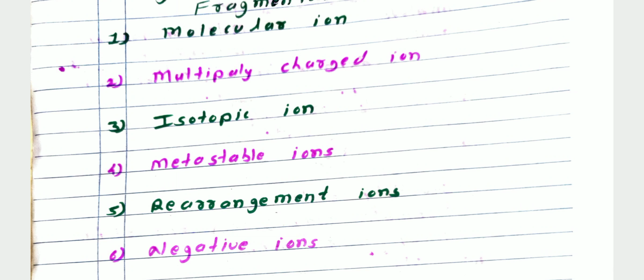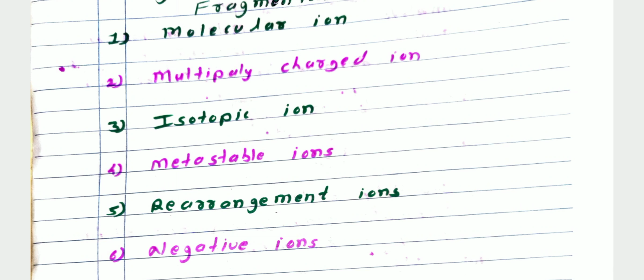In rearrangement ions, a hydrogen or methyl group is transferred. They are most common in mass spectroscopy. An example of a rearrangement ion, which we will study in a further lecture, is the McLafferty rearrangement, which is the best example of the formation of rearrangement ions. Here a gamma hydrogen atom is transferred in the McLafferty rearrangement.